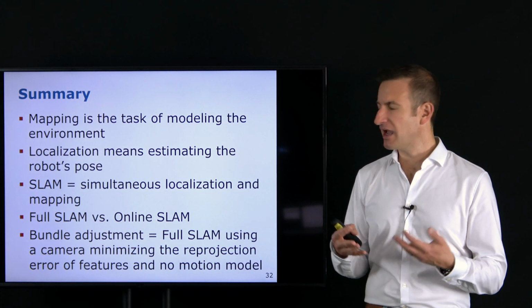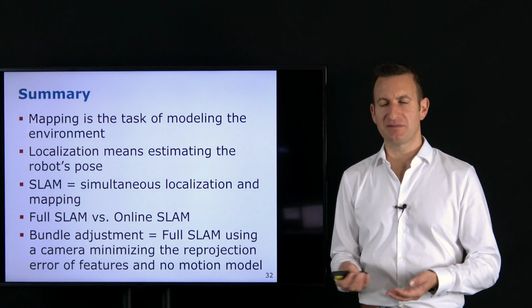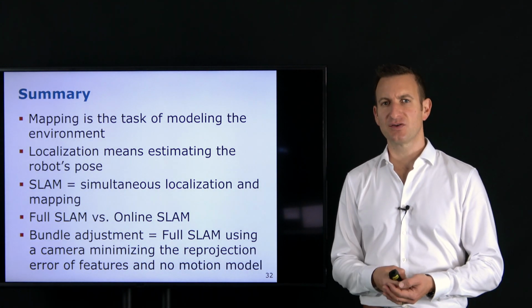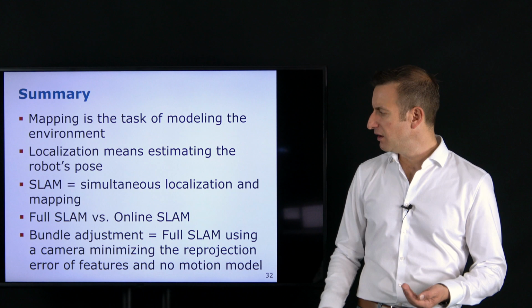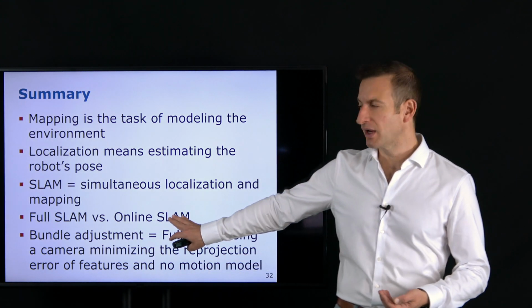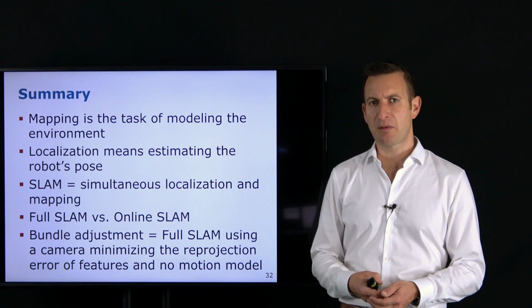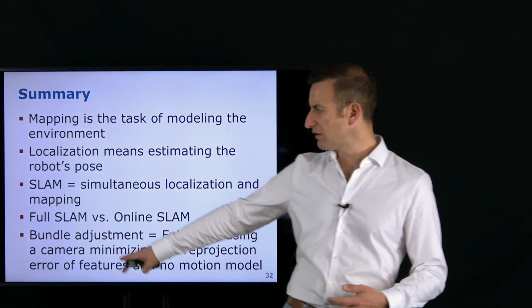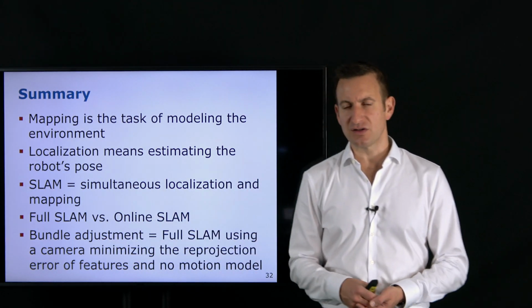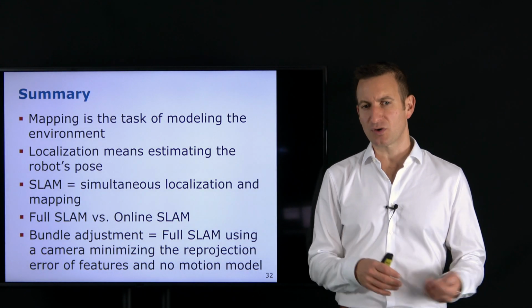We need to distinguish, again, full SLAM and online SLAM as one of the key things to differentiate those two approaches. Online SLAM is more done using recursive filters, and full SLAM is more done using graph-based SLAM approaches, although there are also online variants that may take into account least square error minimization or an approximation of this.